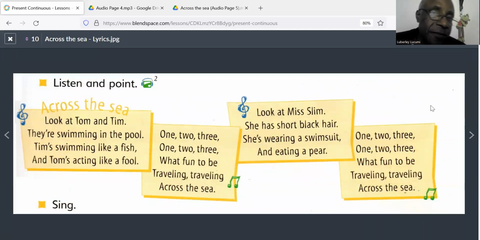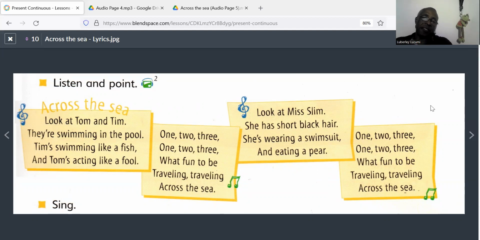Now, you can see the activity called listening point. Okay, you can see this information.